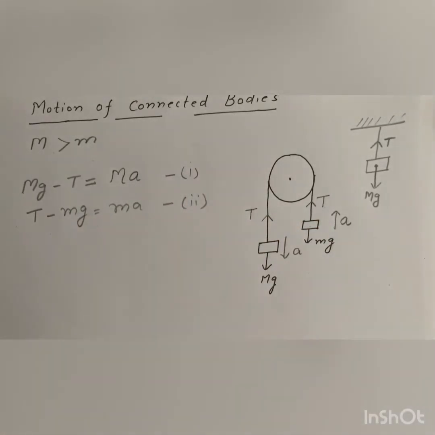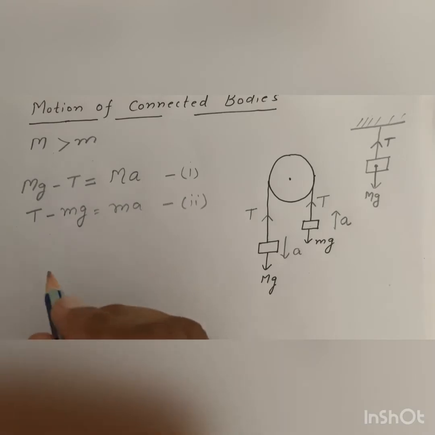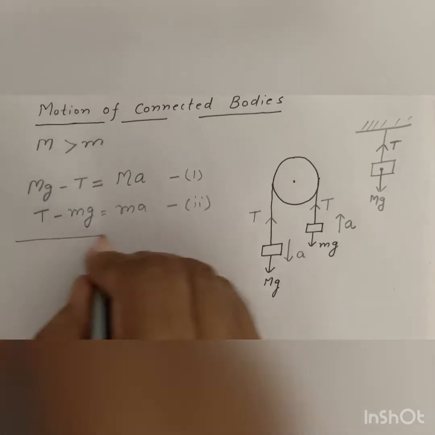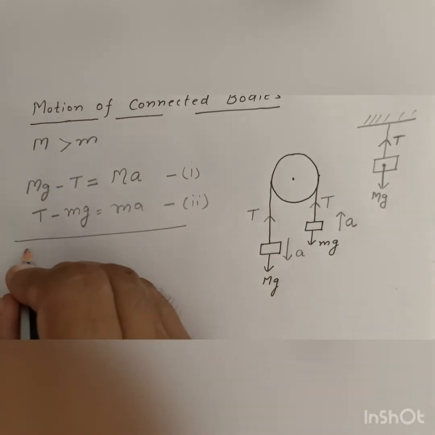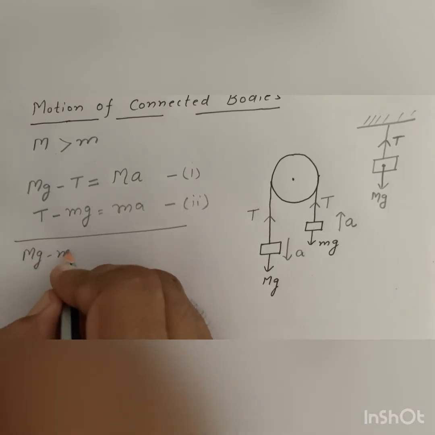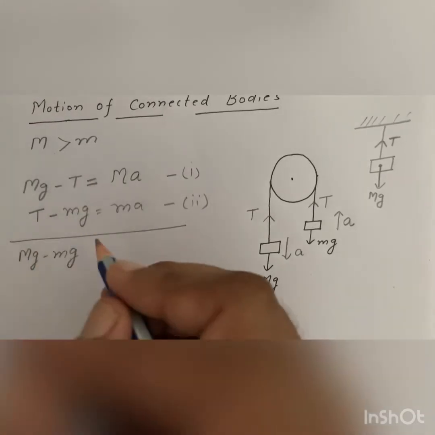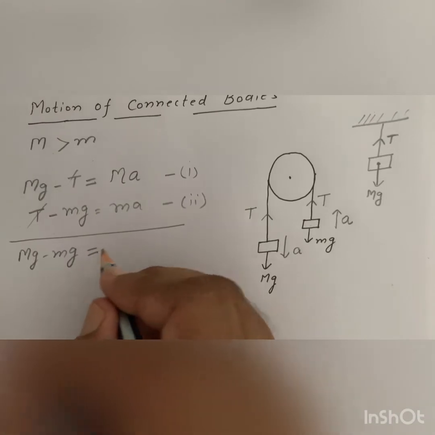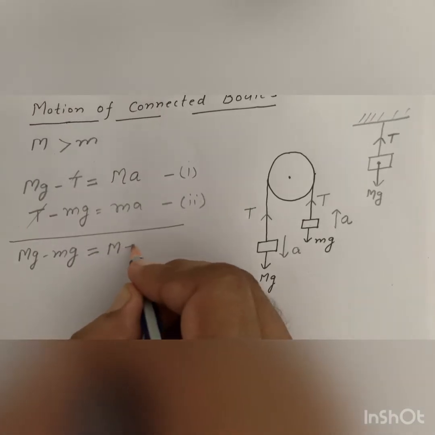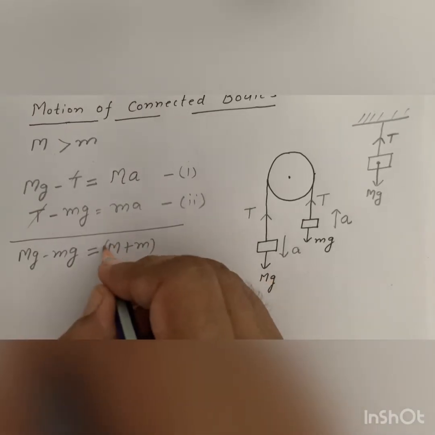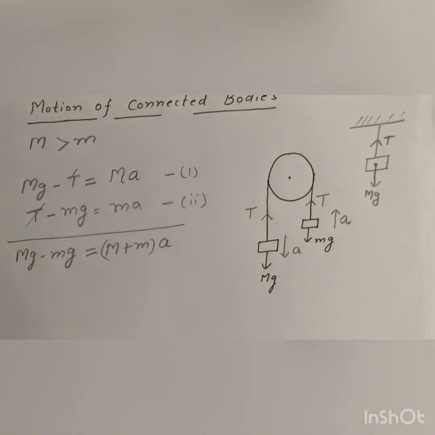Adding first and second, we get Mg minus mg, T and T cancel, equal to M plus m a.